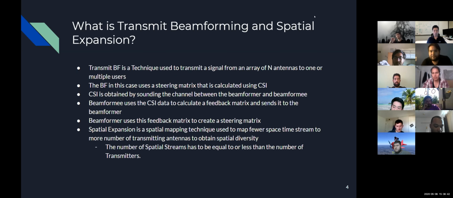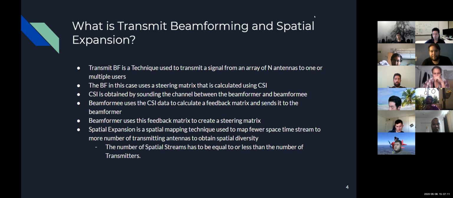Transmit beamforming is a technique used to transmit a signal from a number of antennas to multiple users. The beamforming in this case uses a steering matrix that is calculated using channel state information. The way it works is the channel state is obtained by sounding a channel between the beamformer and the beamformee, so the transmitter and the receiver.